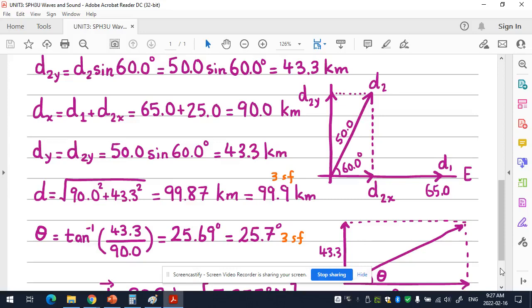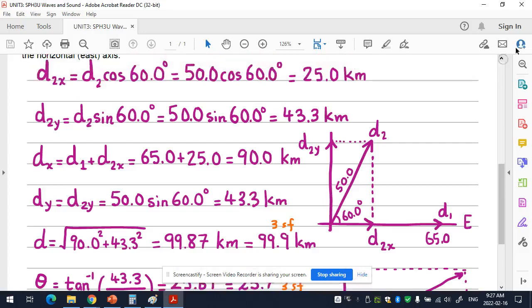So this is D2y. By the way, you don't have to do it this way, but this is the most organized way to do it. And then what does this mean? D1 plus D2x, which is how much?